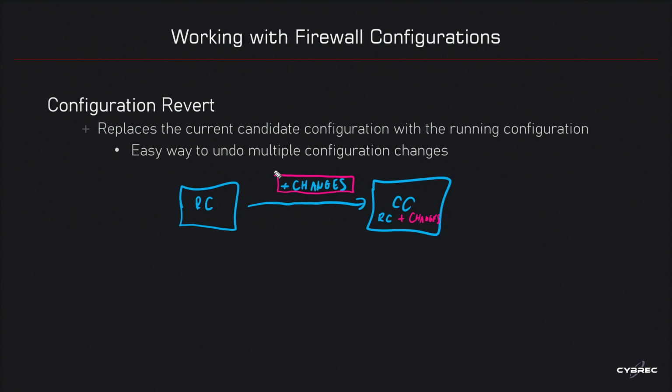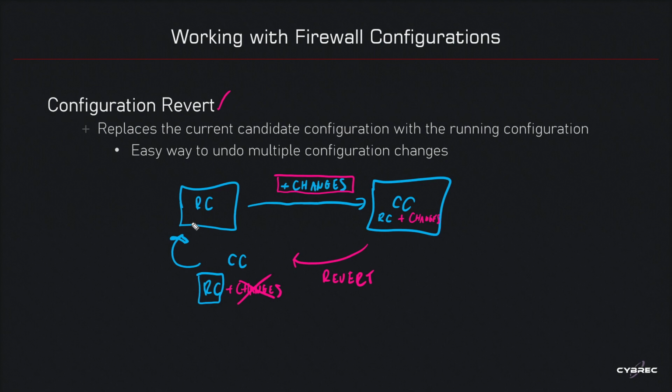And now when we make a revert, we start with the candidate config, which is once again RC plus changes, and this portion is what we remove, which effectively leaves us with the running configuration that we started with.